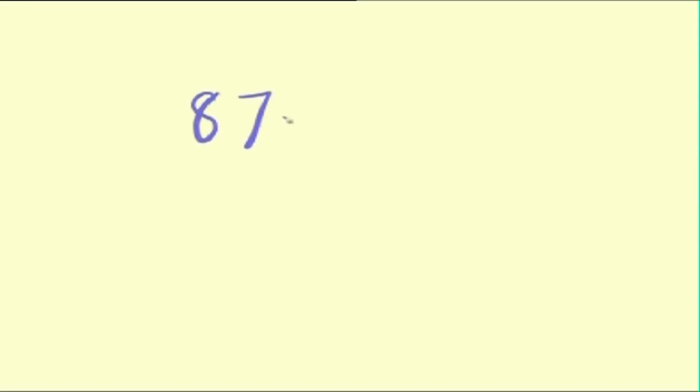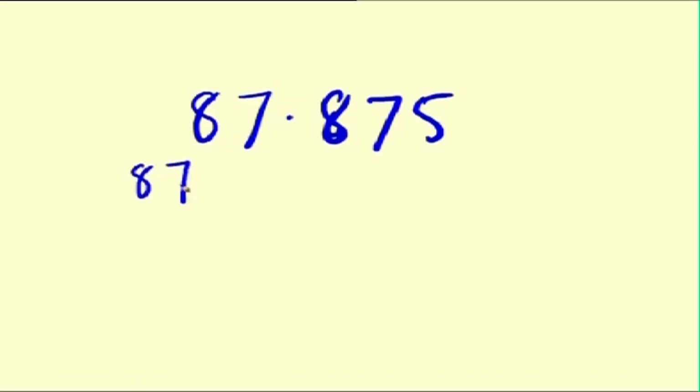Now, we will take up another example. Let us take this example where I will change the number to 87.875, some number like this. Now, first we have to take 87 and convert it to its hexadecimal equivalent.